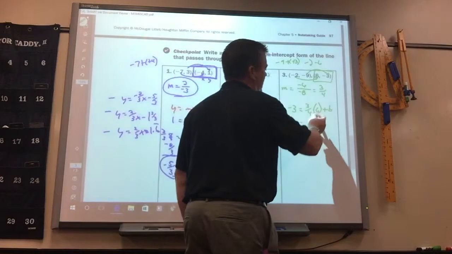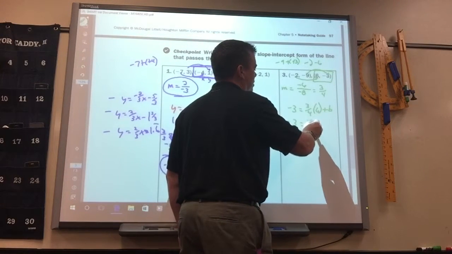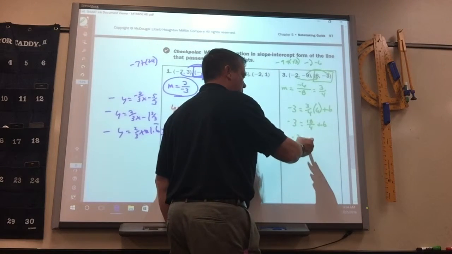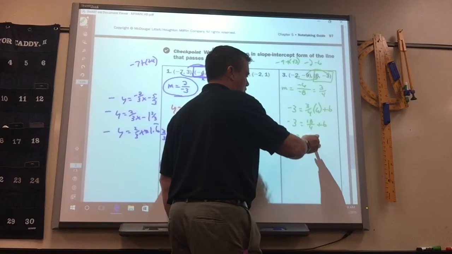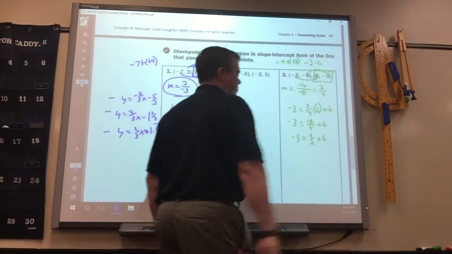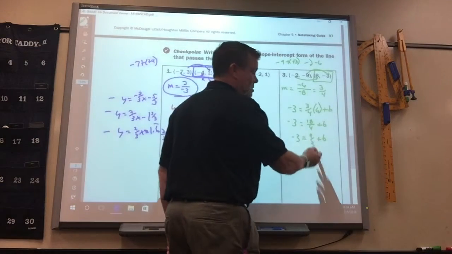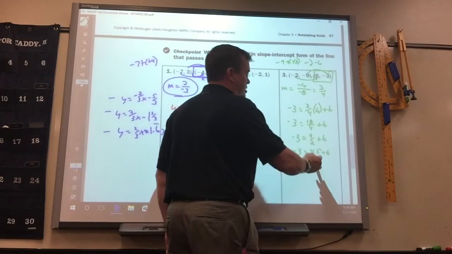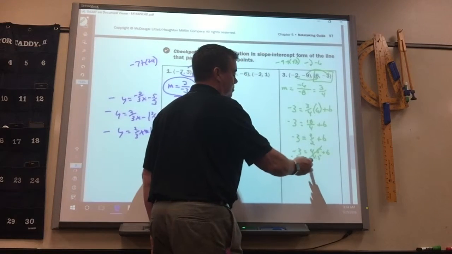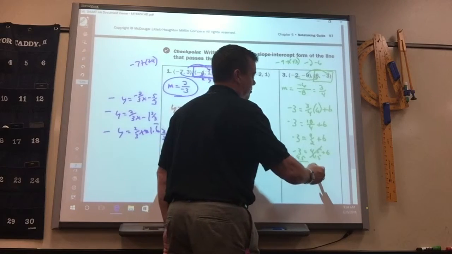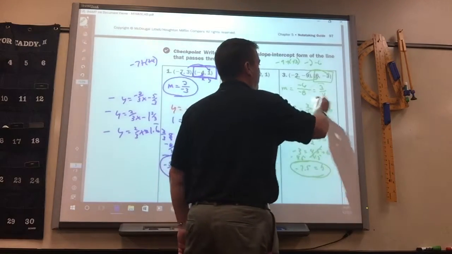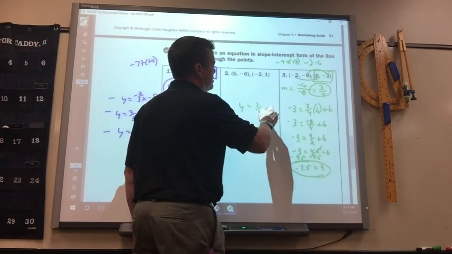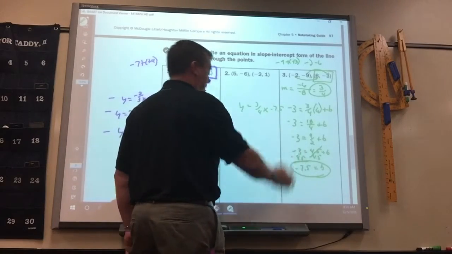So 3/4 times 6, 3 times 6 is 18/4, which you could simplify. You don't have to, but you could divide them both by 2 and you'd get 9/2. 9/2 is 4.5. So we just got to subtract 4.5. And you get negative 7.5. So then you got to write the equation y equals 3/4 x minus 7.5.